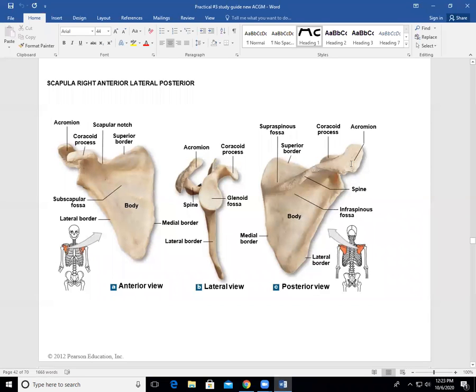This point up here, if you're on the posterior view, you've got this spine. So that's how you'll know you're on a posterior view if you see this big spine across it. Remember, posterior is toward the back. And then you have this big process here. That's your acromion. That's where the acromial end of the clavicle is going to touch.